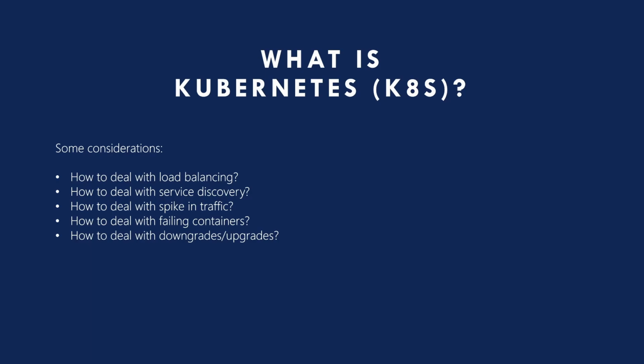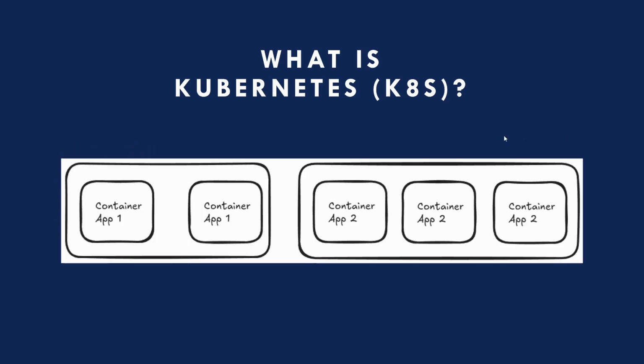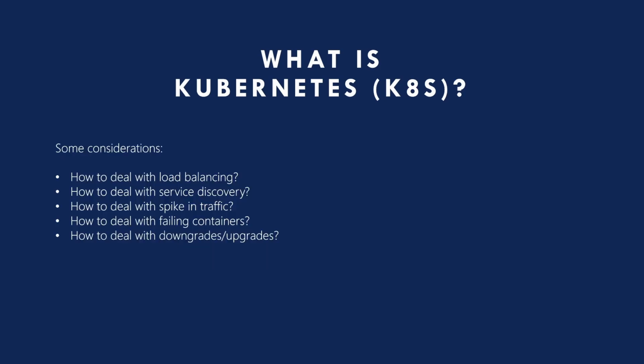How will you deal with load balancing between them? How will you tell your, let's say, front-end application where to route to? How will you handle all of the load balancing here? Will you have to do it yourself? Will you do it somewhere? These are questions that can be raised.